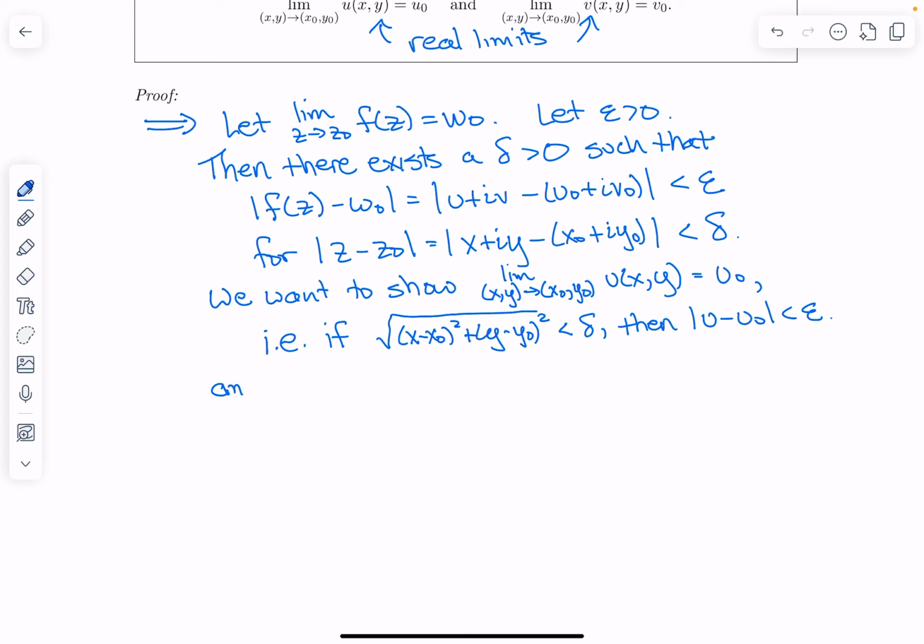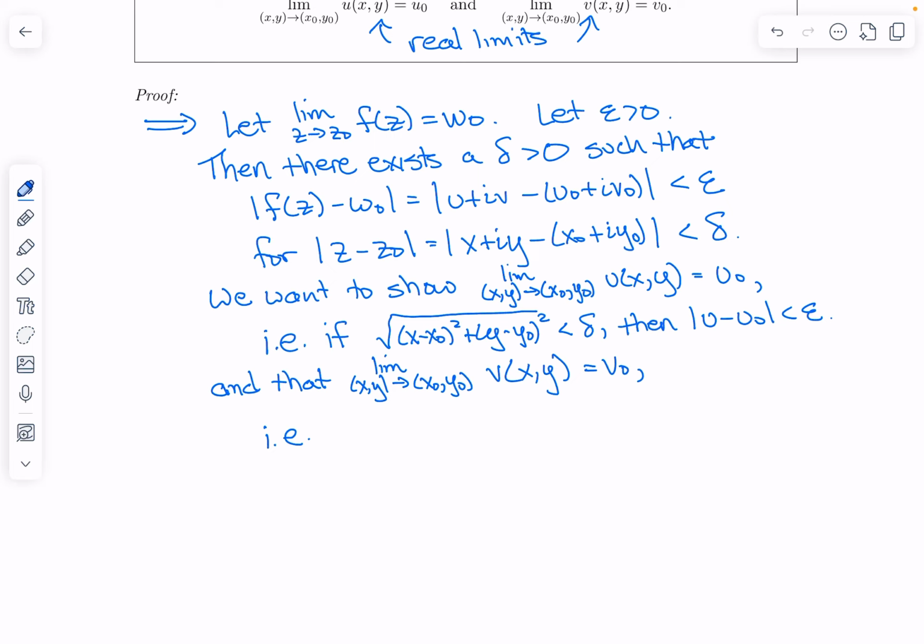We also want to show that the limit as xy goes to x0, y0 of v of xy is equal to v0. Well, what does that mean?